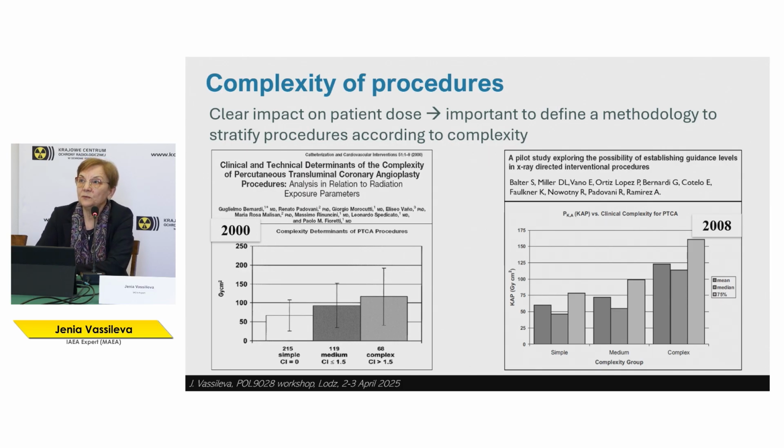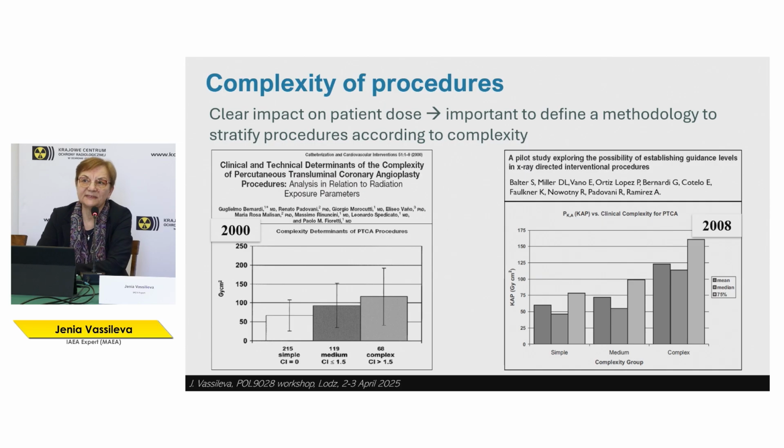So these are two of the papers from the first attempts to set DRLs for cardiac procedures. On the left side, this is from 2000. On the right side this is the IAEA research project in 2008, in which procedures were classified as simple, medium, and complex. And you can go into the papers to see the criteria.